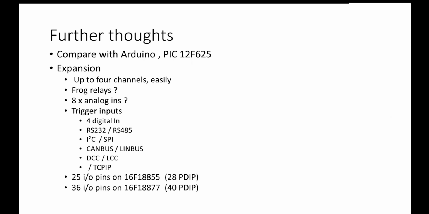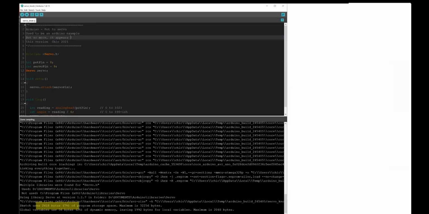The code that I've written is much, much smaller than if I'd done it with an Arduino or with a smaller PIC. There's the Arduino. I wrote it in Arduino. This used to be one of the standard examples in Arduino under File, Sketch, Example. It's not there anymore.